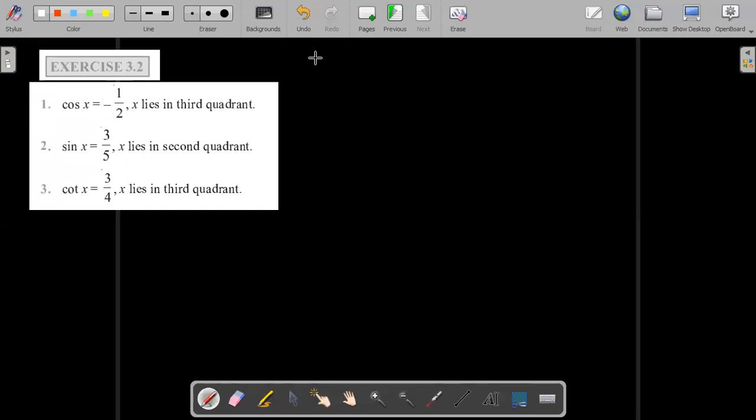We have to find in third quadrant. So we are given cos x is equal to minus 1 by 2, and x lies in third quadrant.